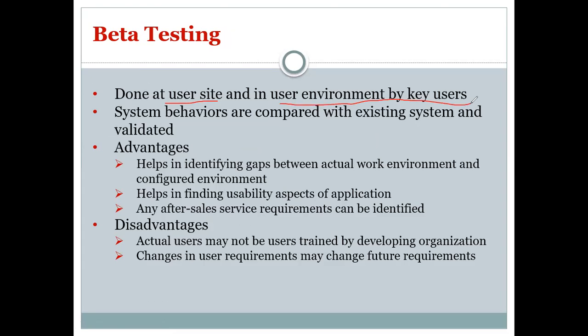So it is done by the key users itself, but here your product will be given to the user, your end user, and the testing will be done at his place, user's place only, as per his environment. So you are there in Kolhapur, then you have to go to the Nagpur, and then you have to check whether the system is working properly or not.